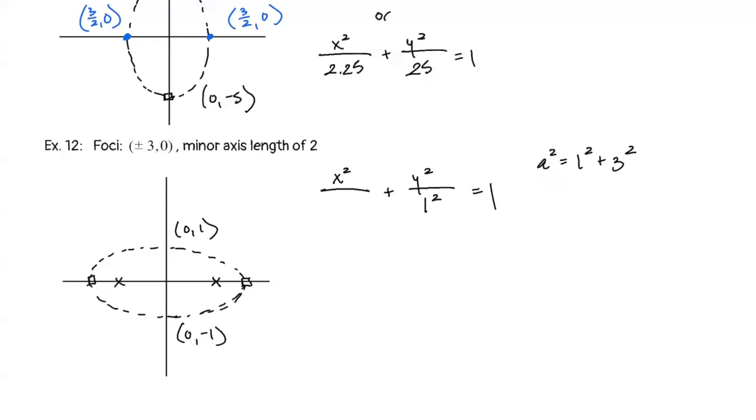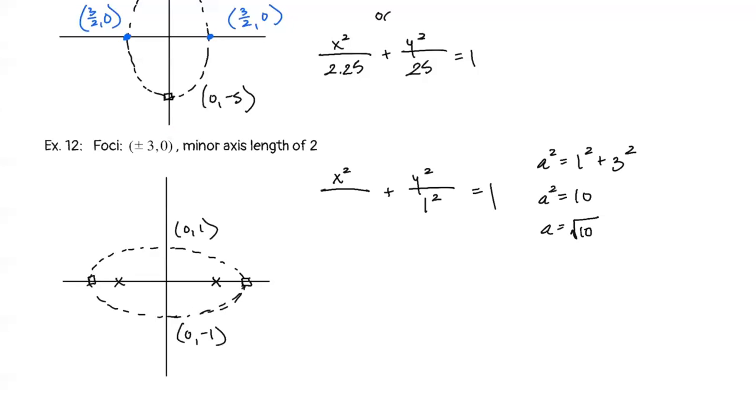Like, how come I didn't put it on this side? Because a is bigger. And how do you know that a is bigger? Because it's longer horizontally. Perfect, perfect. So a squared is, let's see, 1 plus 9 is 10. So a equals the square root of 10.